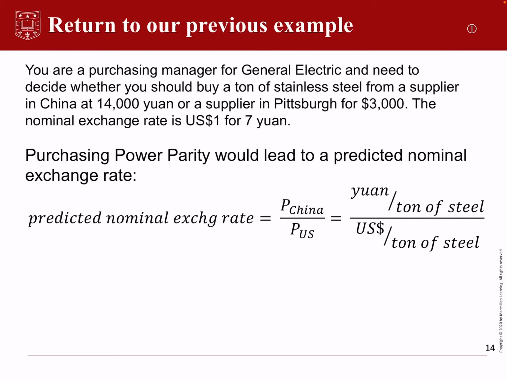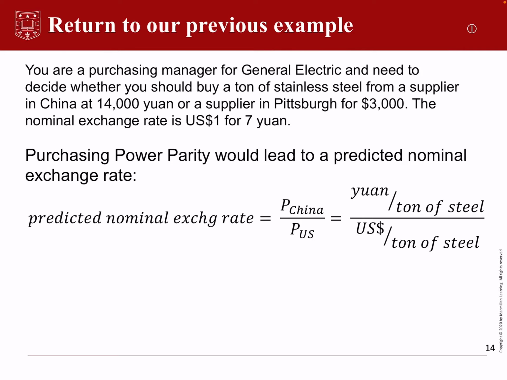What you should have found is, well, actually, I'll just leave that alone. You can refer to the solution that I'll post on Canvas. But what I want to do is the same sort of thing, in the context of our example with General Electric. You, as the purchasing manager, have already determined that you should be buying Chinese steel.